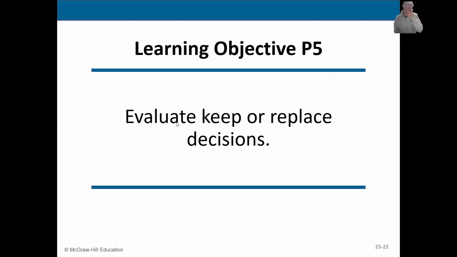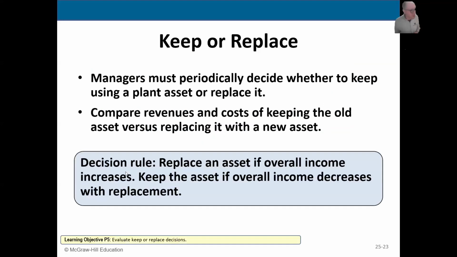Okay. Going back to my chiller example, in the keep or replace decision, managers must periodically decide whether to keep a plant asset like a chiller or replace it when it breaks. We compare revenues and costs associated with keeping the old chiller versus replacing it with a new.